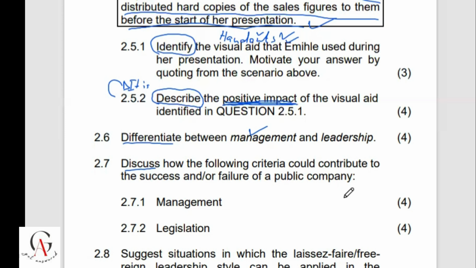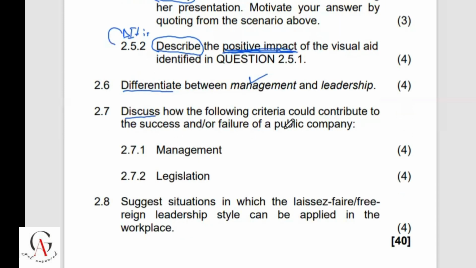Okay, right. So now discuss how the following criteria could contribute to the success or failure of the public company. Let's check how management and legislation can contribute to the success and failure of a public company.